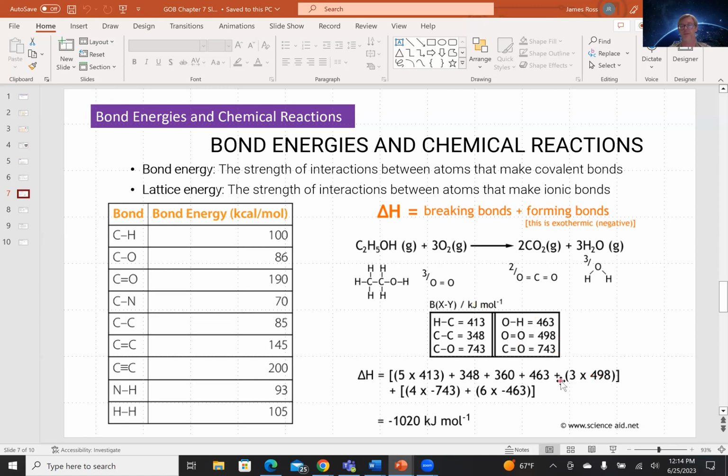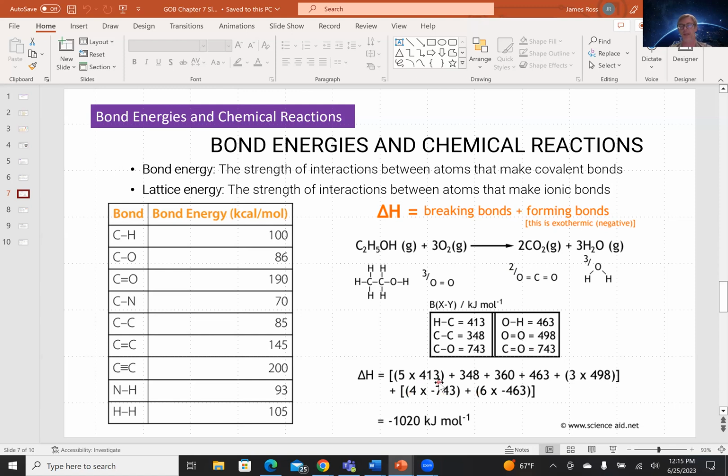I need 3 of those, so I add that. And then the bonds that form are going to be these ones over here. In the CO2, I've got CO bonds, but I've got 2 of them.